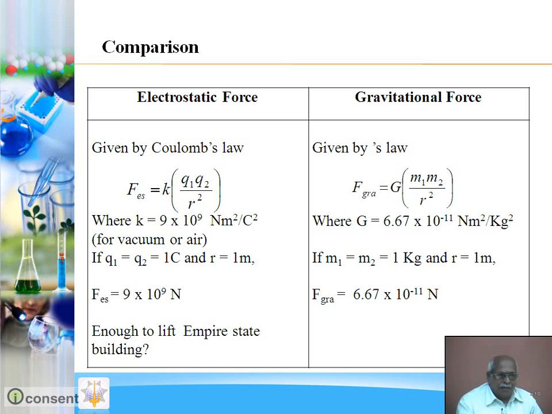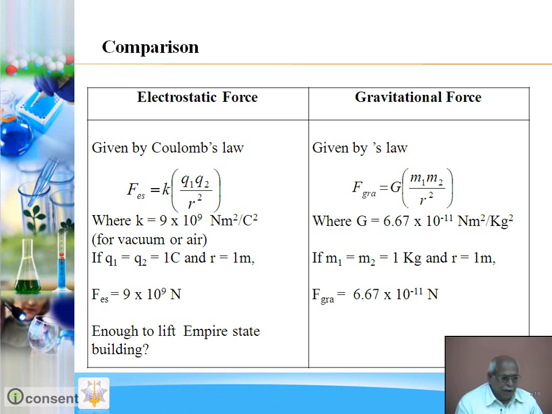Here, the value of proportionality constant K is 9 into 10 raised to 9 Newton meter square per Coulomb square. We assume that SI units are used throughout unless some other unit is mentioned.